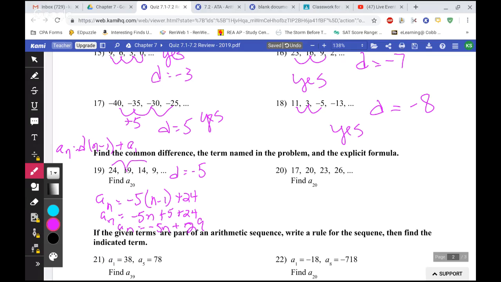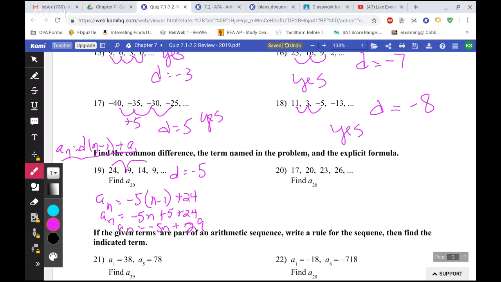So what you did is you did A sub N. Okay, so I did A sub N equals -5 times N minus 1 plus 24. Basically, I just plugged in everything, like A sub N just goes there. And then you and I determined that the common difference was -5.